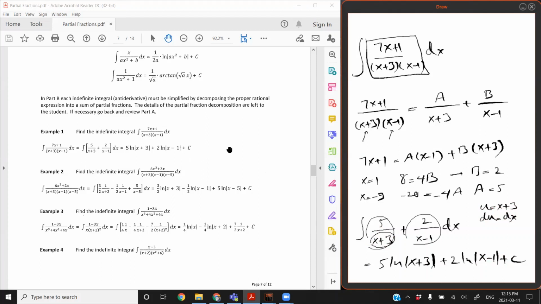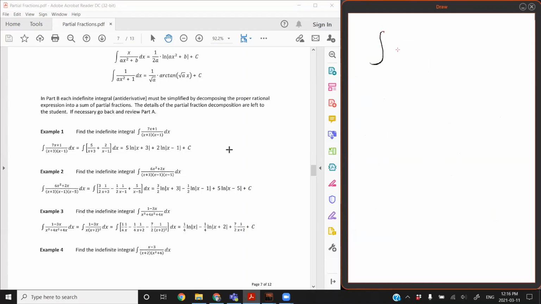Just a question. We take, for each one, a different u, right? Yeah. So I just want to do one of them for you here. Let's say you have the integral of 5 over x plus 3 dx. You would take u to be x plus 3, then du is going to be dx.